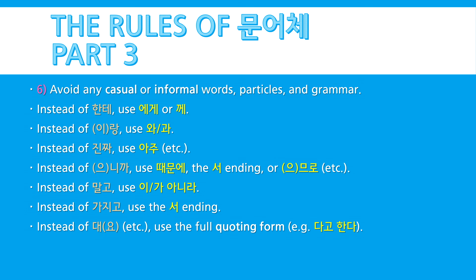Instead of saying 말고, you can use the subject marker with 아니라. Instead of the 가지고 grammar form, use the 서 ending. And instead of 대요 or other quoting forms, use the full quoting form. For example, 탄다고 한다.